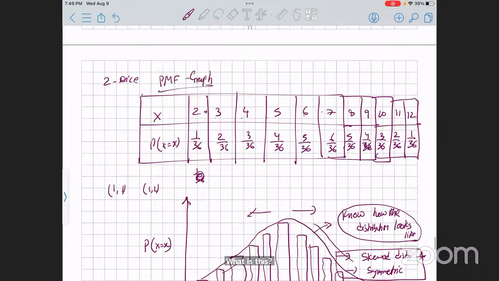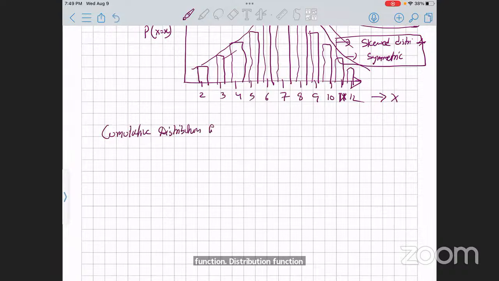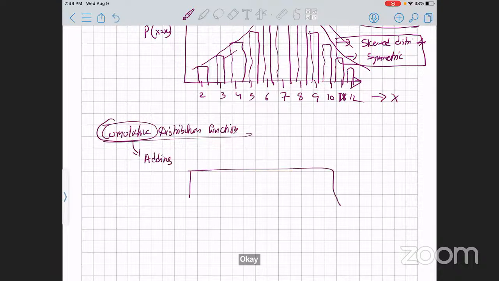Now there is something known as the cumulative distribution function. What is meant by cumulative? Adding.